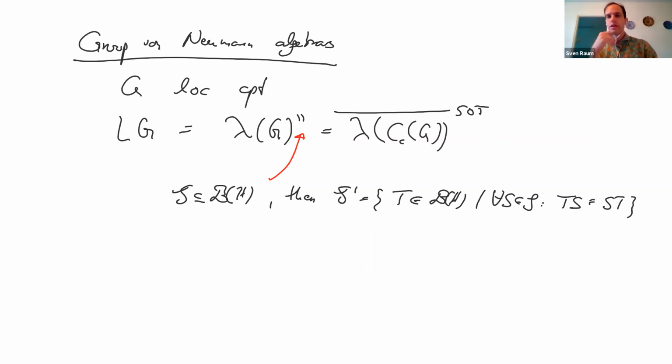This is the commutant. So if you commute with all elements coming from the unitary representation, then you're an intertwiner of that representation, right? So the one commutant would describe the endomorphisms, and then I take the second commutant to come back to the other side. Okay, and maybe this is informative to interpret this, I could equally well define this by a right regular representation and just take one commutant.